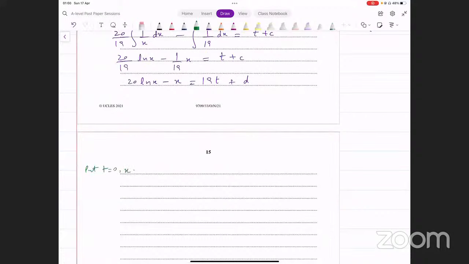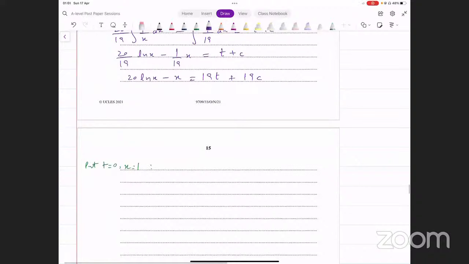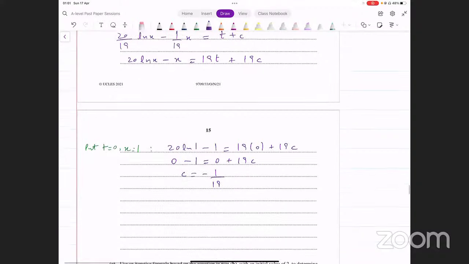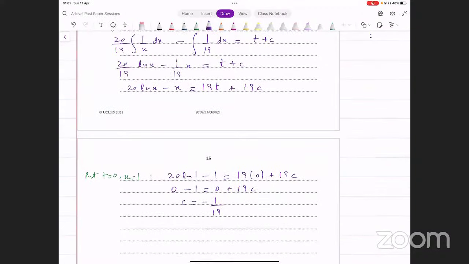t equals 0, x equals 1, to keep it that way in case anyone gets confused. We get 20 ln 1 minus 1 equals 19 into 0 plus 19 times c. ln 1 is 0, so 0 minus 1 equals 0 plus 19c, so the value of c is minus 1/19.